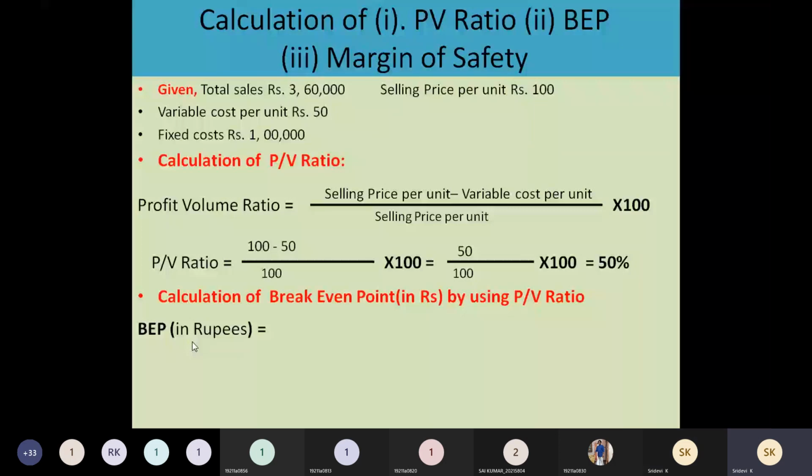Okay. So in rupees, I am using PV ratio to calculate BEP: fixed expenses divided by PV ratio. Fixed expenses are 1 lakh, as given, divided by 50%, you can take 0.5. How much is it?